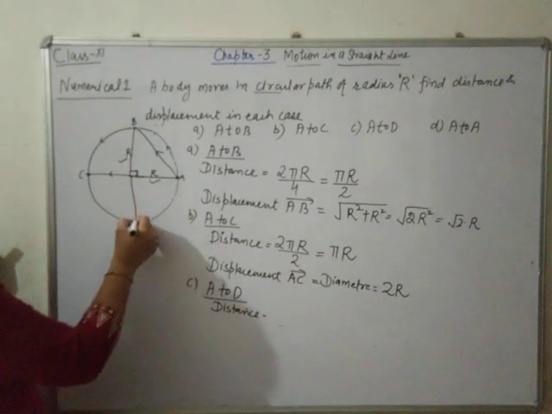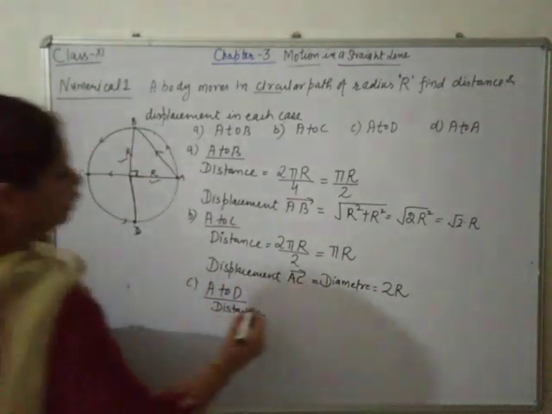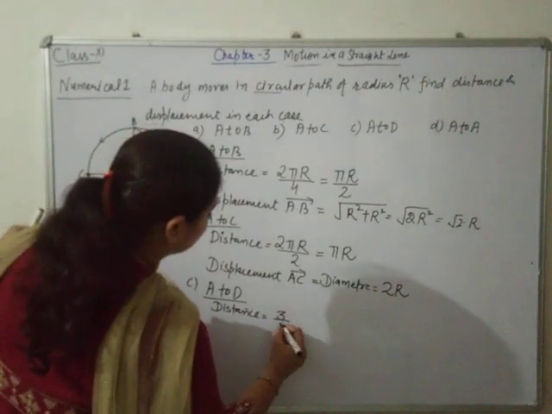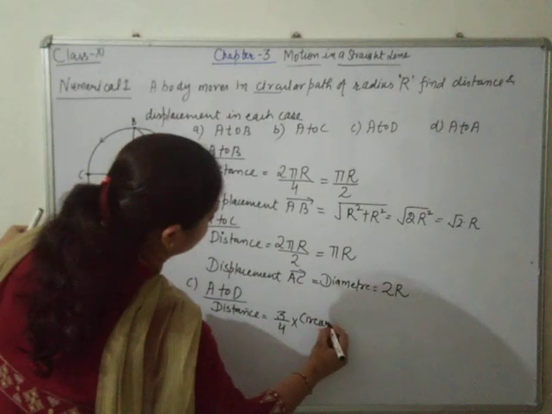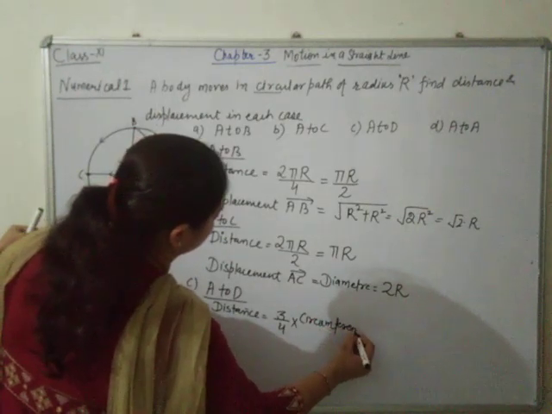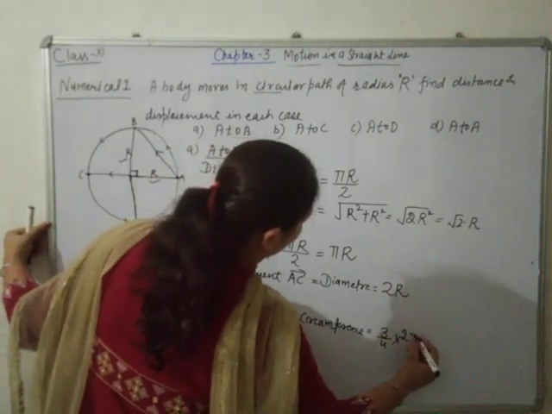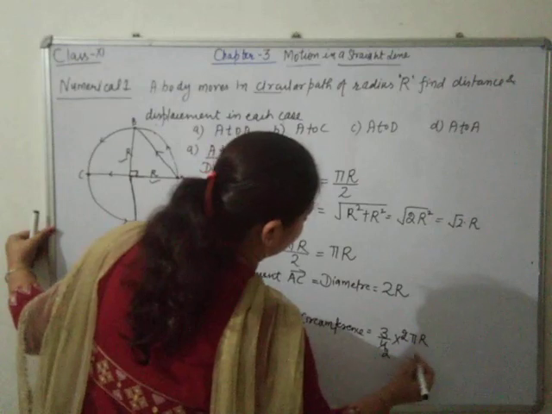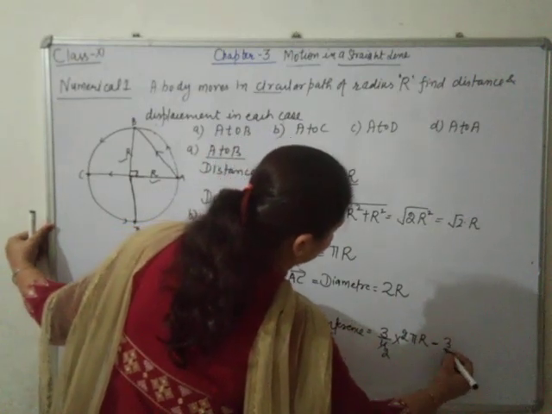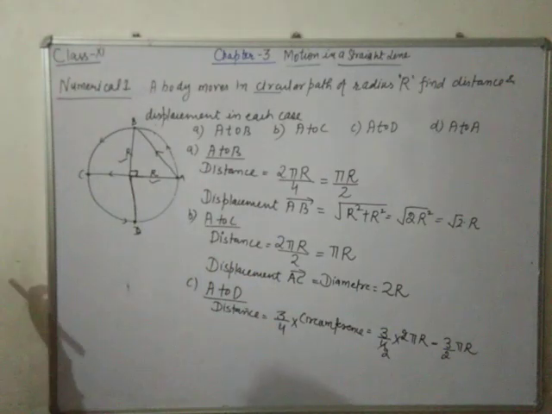Out of four quadrants, it has covered 3. It means distance will be equal to 3/4 of circumference. So it will be equal to 3 by 4 into 2 pi r. 2 cancels with 4. It will be equal to 3 by 2 pi r. It is distance.